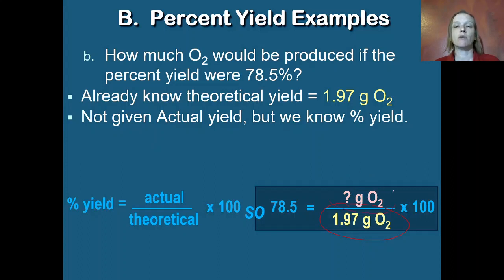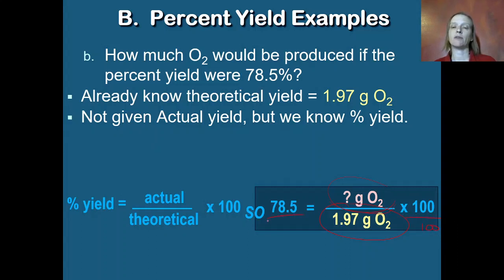So we need to rearrange the equation so that we can solve for this grams of oxygen in pink here. How do we do that? How do we get that all by itself? We need to undo all of the numbers attached to it. So if we're multiplying by 100, we have to divide away the 100.